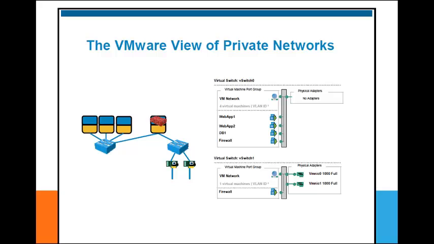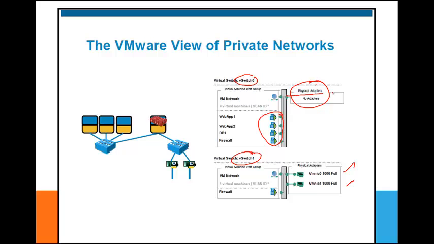So here we see that there is no physical adapter. So it is possible. Here we have physical adapters for this vSwitch 1. For vSwitch 0 there is no physical adapter, which means this vSwitch 0 will talk only like this.